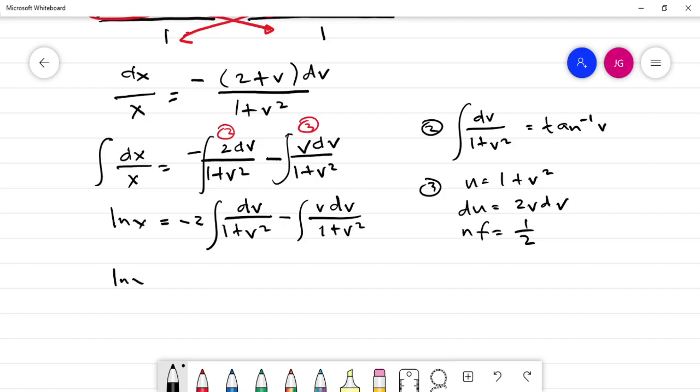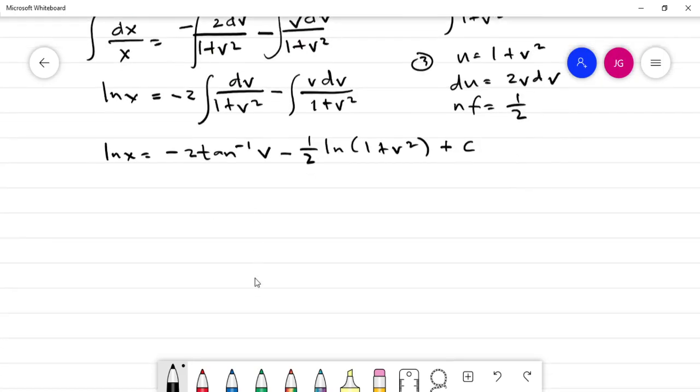Okay, rewrite the equation. We have -2. Then derivation of this one is arctan v. Then minus 1 half. Then ln 1 plus v squared. Then plus c.